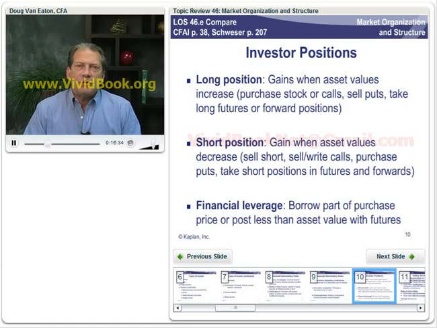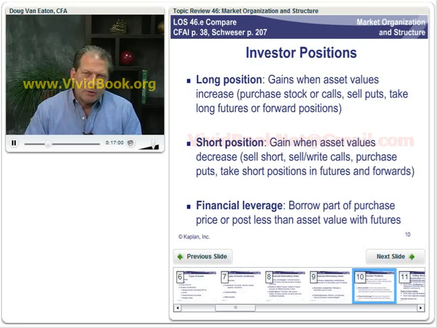Financial leverage happens when we borrow part of the purchase price. We're going to talk later on in this topic review about margin purchases and how we can get leverage purchasing equity securities on margin. But also when there's no borrowing involved, as in the case with a futures or forward contract, we can still have quite a bit of leverage there because we're posting less than the asset values.